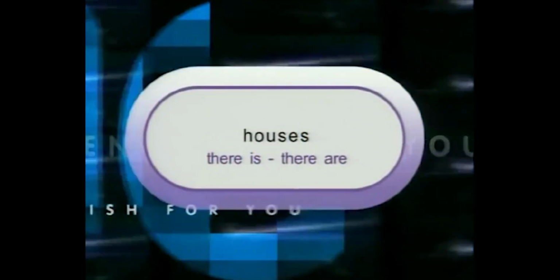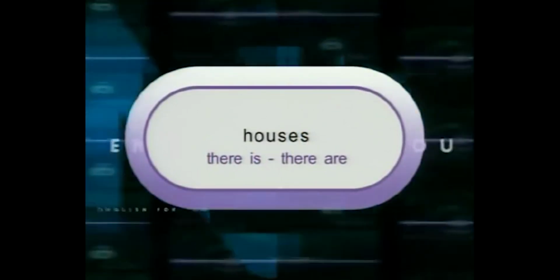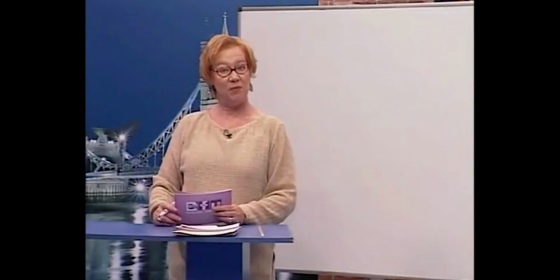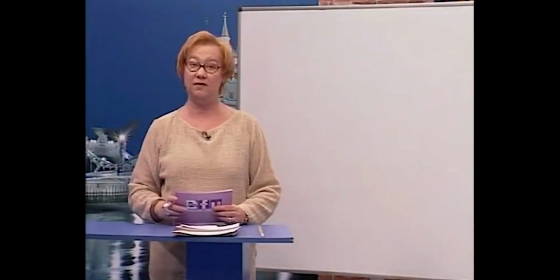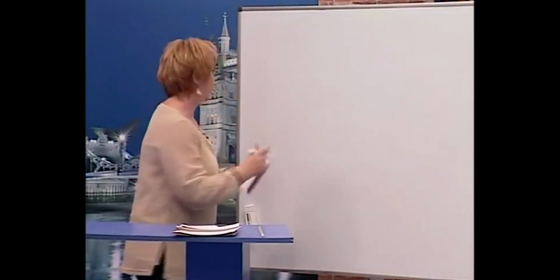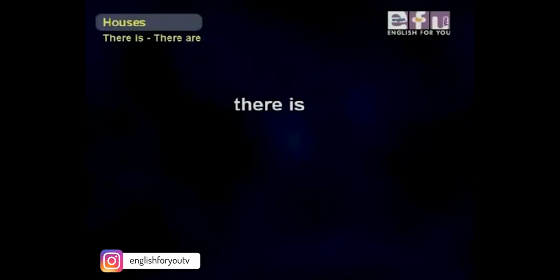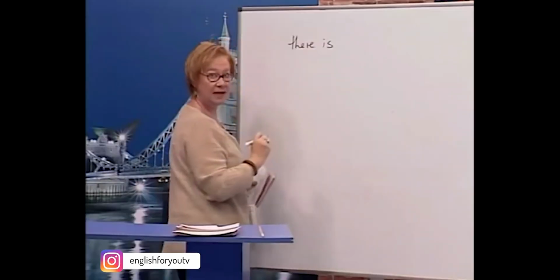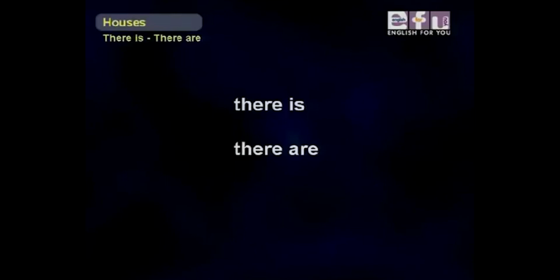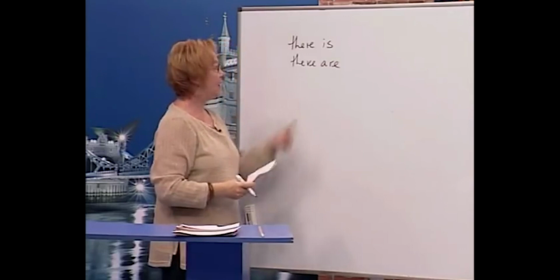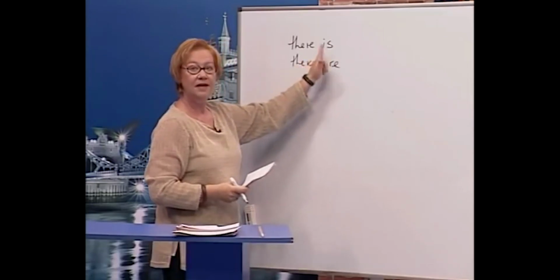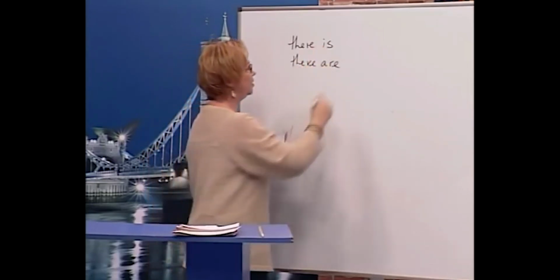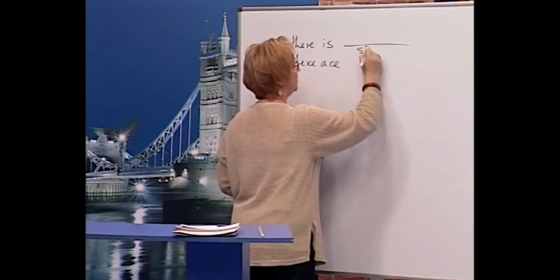Houses. There is, there are. Now, we're going to talk about a new kind of verb. Here it is: there is, there are. There is is followed by one noun, a singular noun.